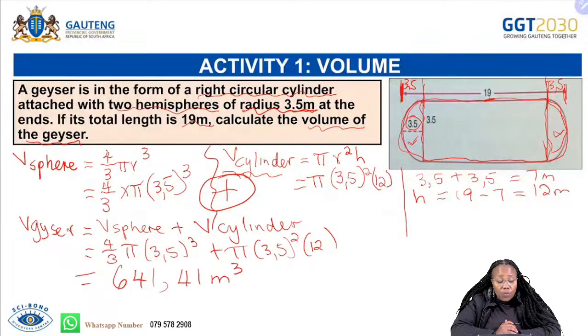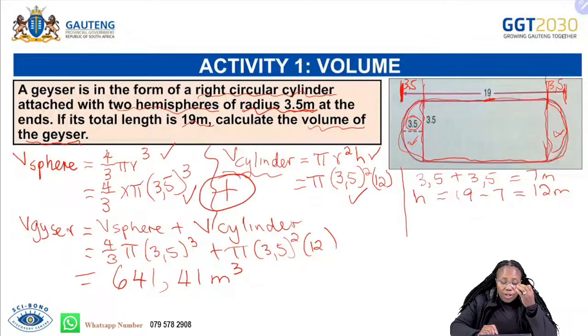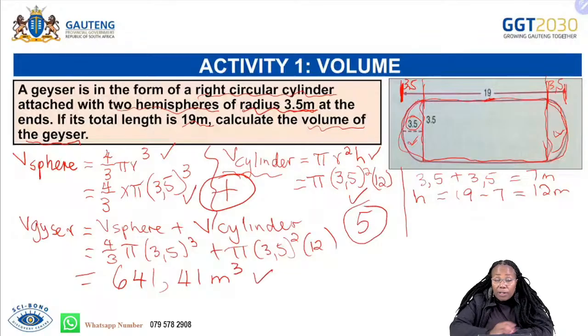And then now let's look at the mark allocation. The first allocation will be for the correct formula for the sphere, correct formula for the cylinder, the substitution into those formulae for each, and then you'll be having the addition of everything, which is your final mark. So this problem is worth how many? 5 marks, grade 12.